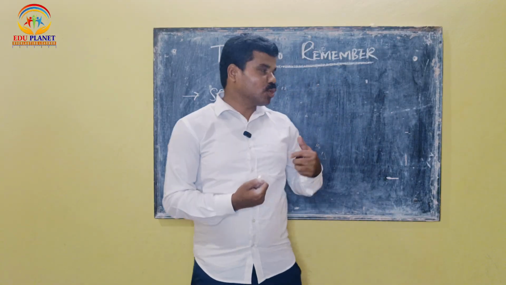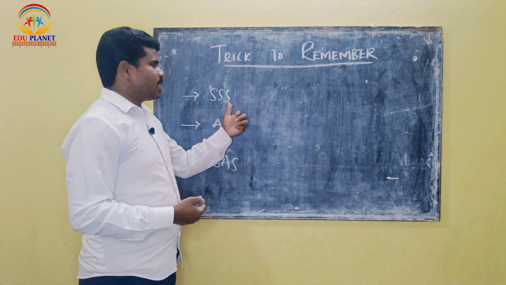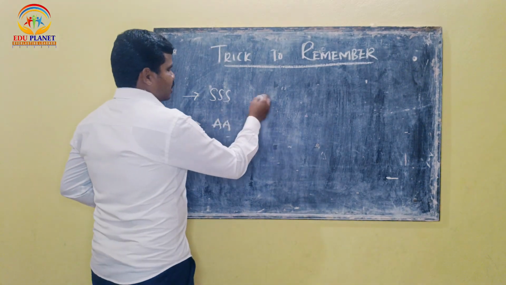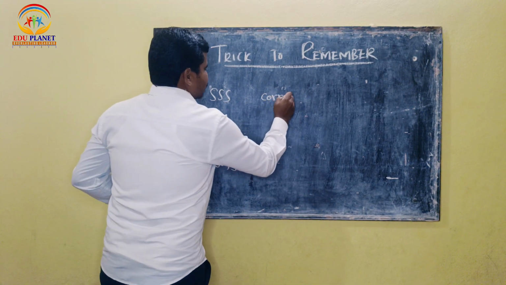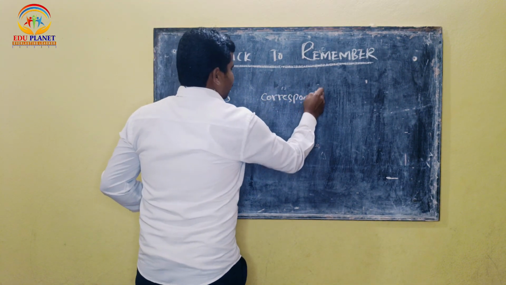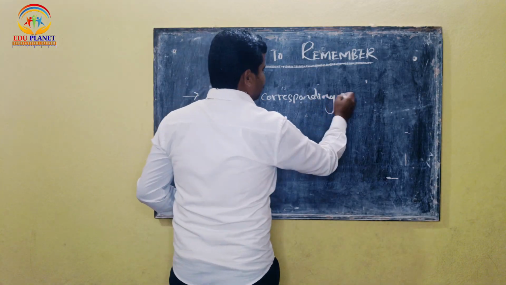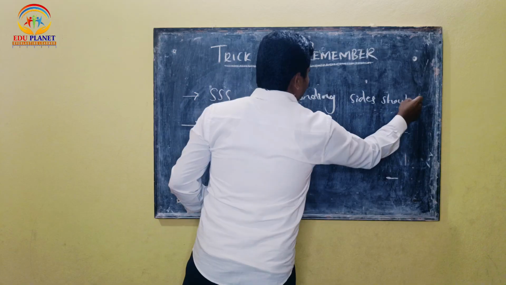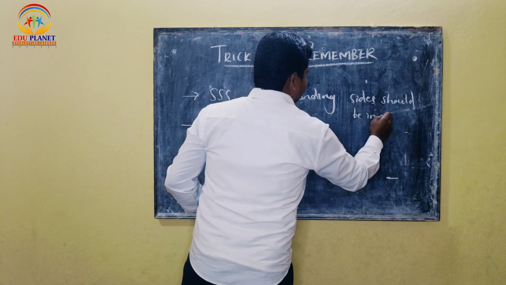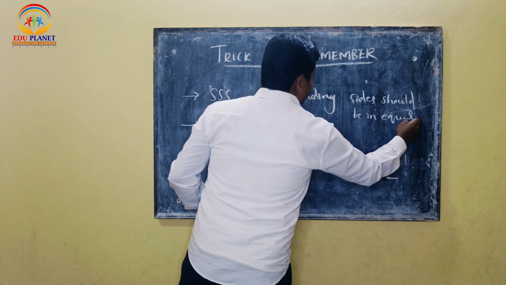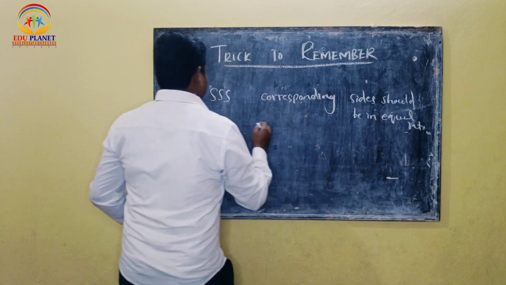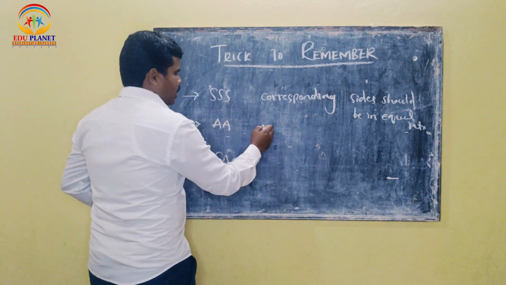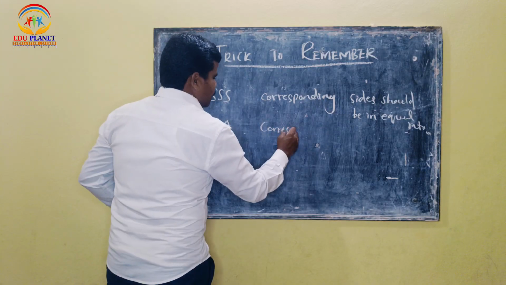Now we can see how to remember these three criteria rules very easily. SSS means corresponding sides should be in equal ratio. Next, AA similarity criteria means corresponding angles should be equal.